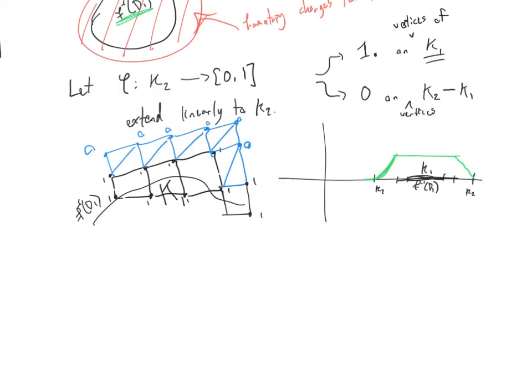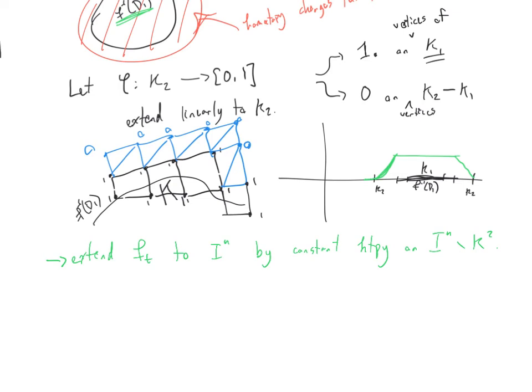Okay. So as stated above, I only defined Ft on K2, but we extend Ft to all of I^n by the constant homotopy on I^n minus K2.